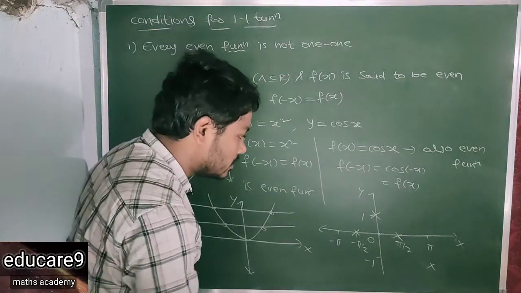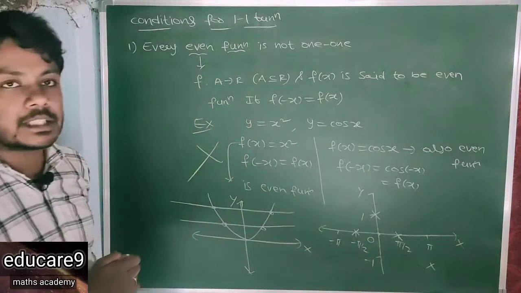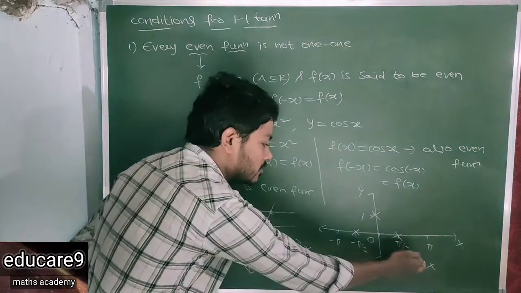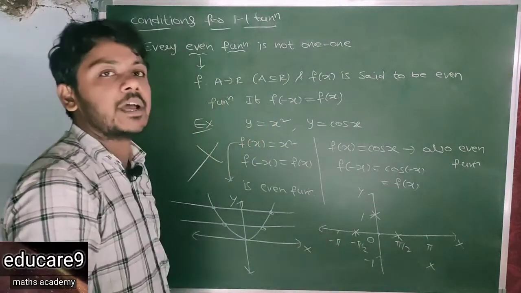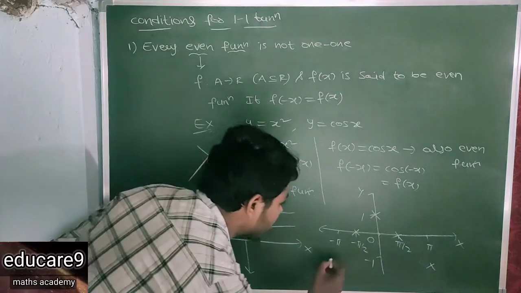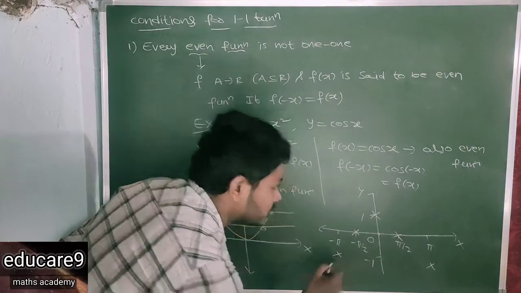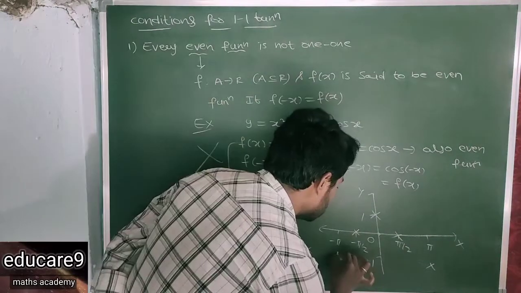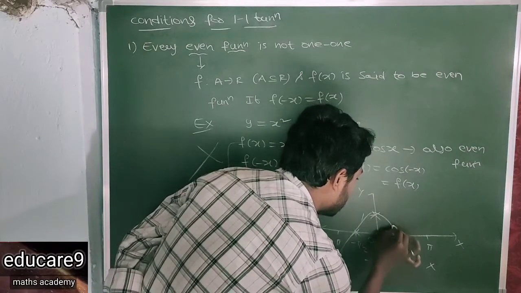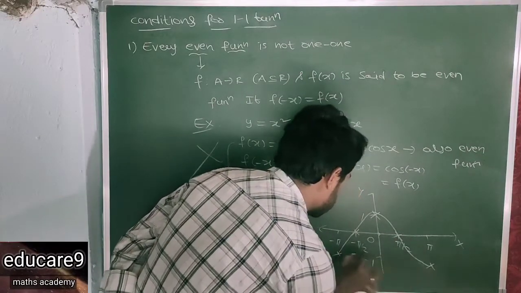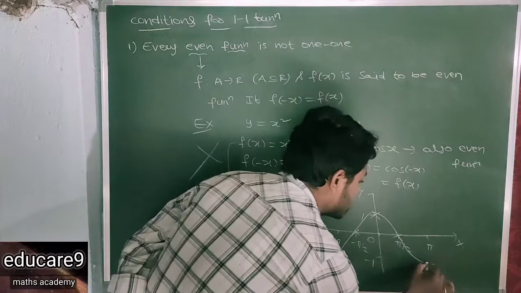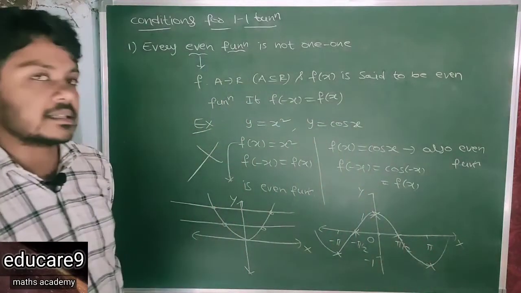And cos of minus pi: cos pi is minus 1, and cos of minus pi is also minus 1. Next, draw the graph of cos x. So like this is the graph of cos x.